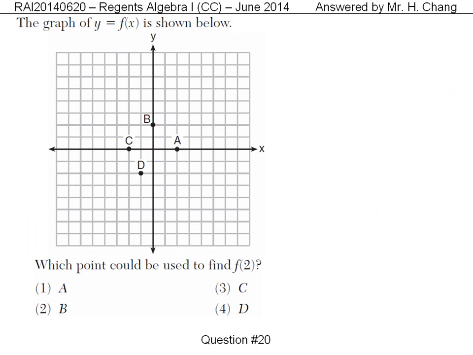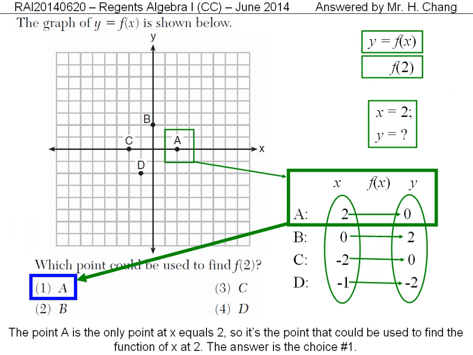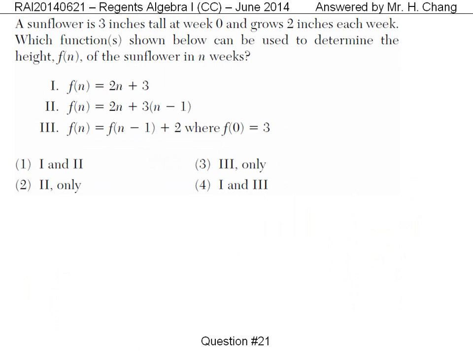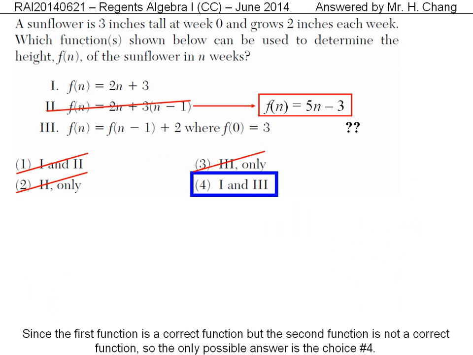Question number 20. Point A is the only point at x equals 2, so it's the point that could be used to find the function of x at 2. The answer is choice number 1. Question number 21. Since the first function is a correct function, but the second function is not a correct function, the only possible answer is choice number 4.